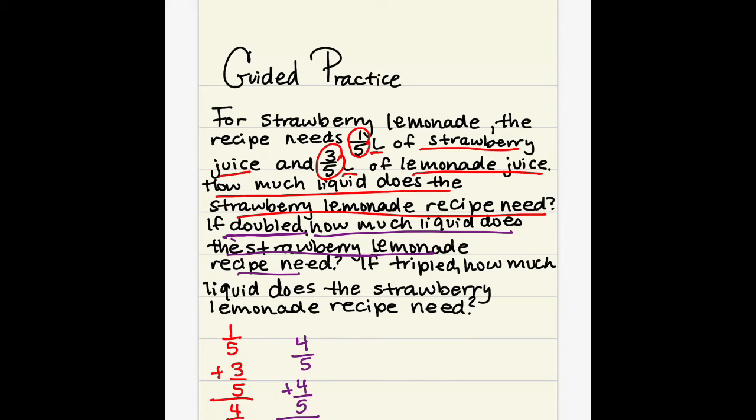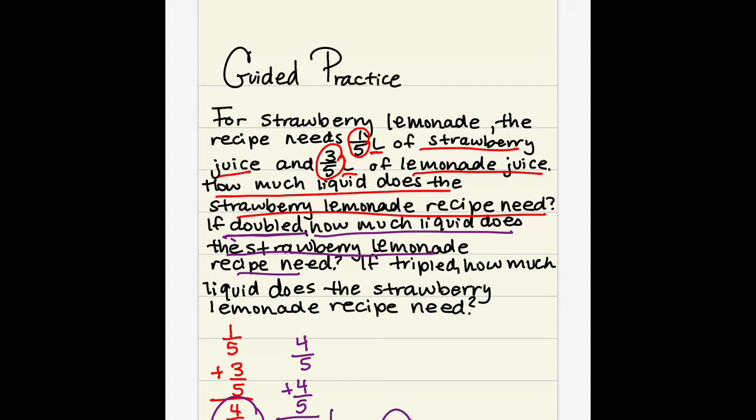Of course, 8/5 is an improper fraction, so I'm going to take out my whole. 5/5 plus 3/5, because that's 8/5, is 1 3/5. So my answer for the first one would be 4/5. For my second part of that, it would be 1 3/5.